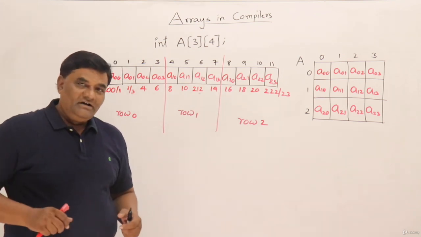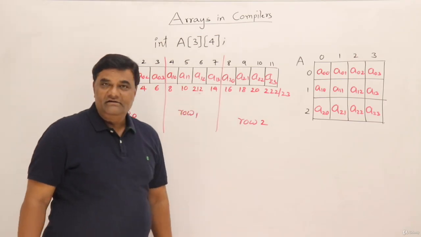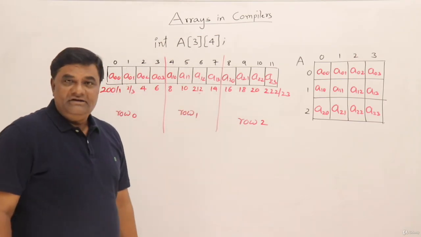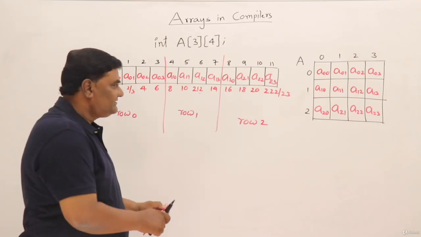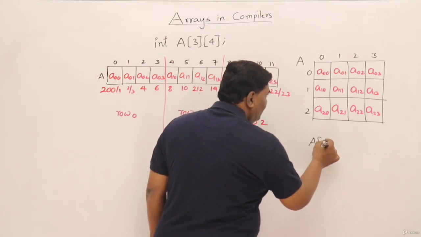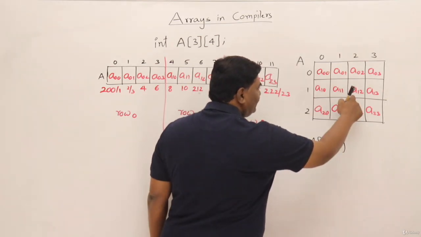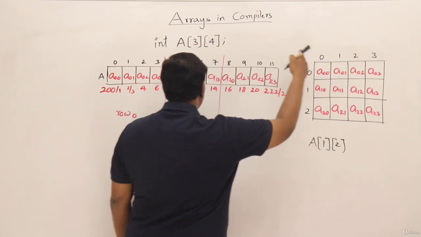Now we need a formula that should be used by a compiler for accessing that two-dimensional array. Let us take one example and frame a formula. Suppose I want to access an element at index A of 1, 2. This is the element.